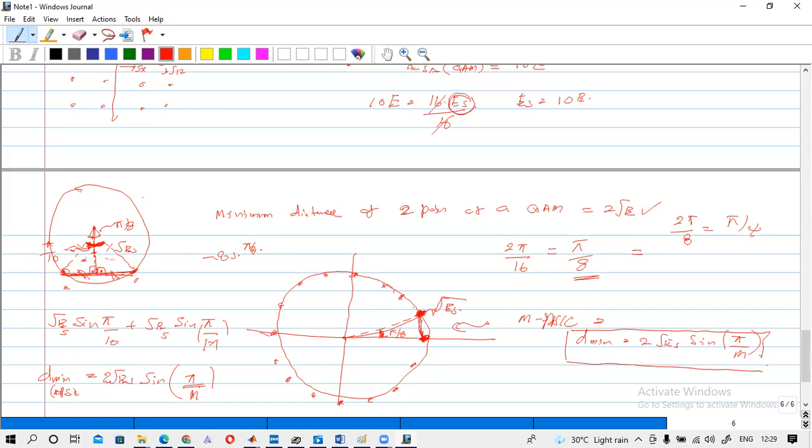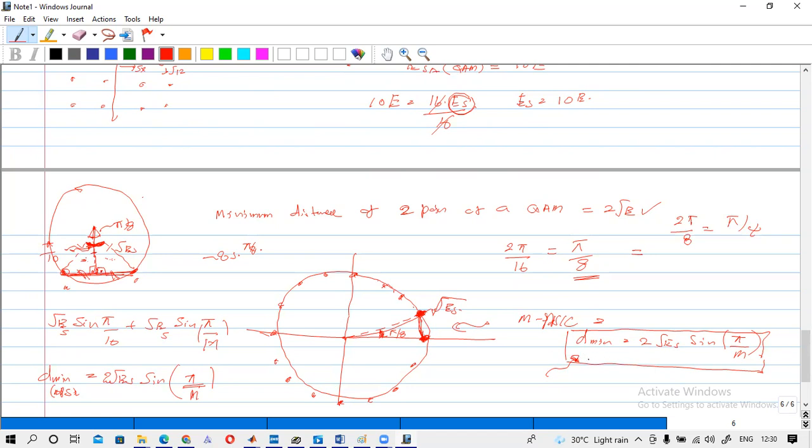Maybe you have learned this in your theoretical class. This minimum distance is very important, because the performance depends on the minimum distance. Actually, this is nothing but just a case of trigonometry.